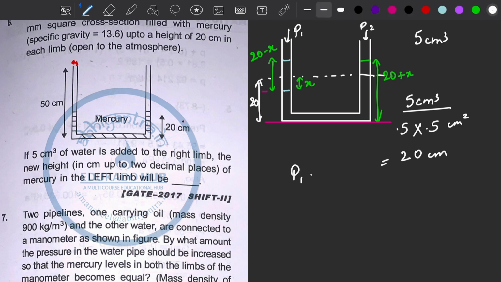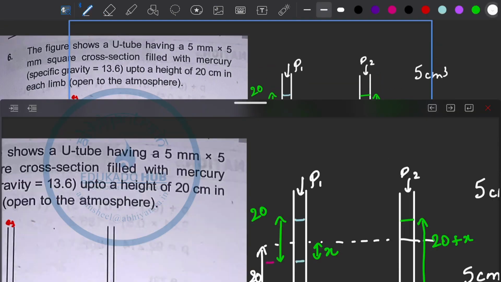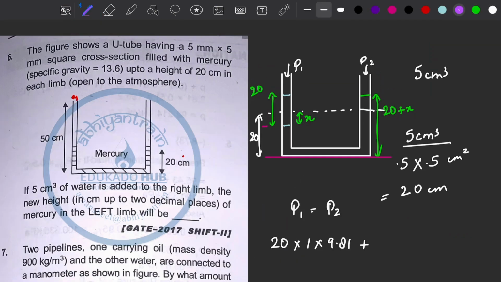If I say that P1 is equal to P2, 20 centimeter of water into density 1, let's say, and 9.81 is the G value, plus this thing is 20 and this thing is 20 minus X.